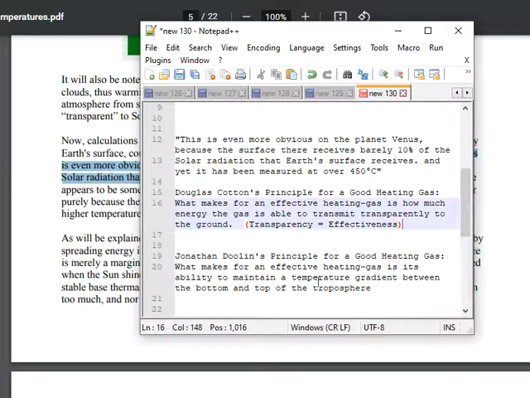My basic premise is that you can do better than that. And what makes for an effective heating gas is its ability to maintain a temperature gradient between the bottom and the top of the troposphere.